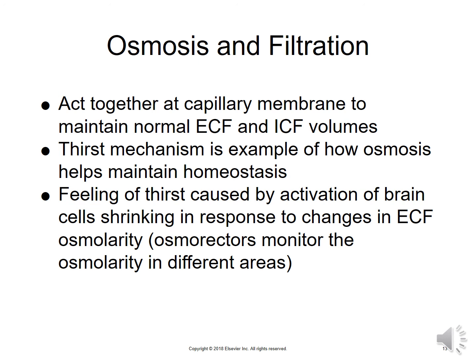So water's going to flow out of those brain cells in a minute amount into the extracellular fluid to try and dilute it, and that makes the cell shrink. And as the cell shrinks, it triggers the thirst mechanism. And the brain tells the body to drink, drink, drink to balance out fluid distribution.